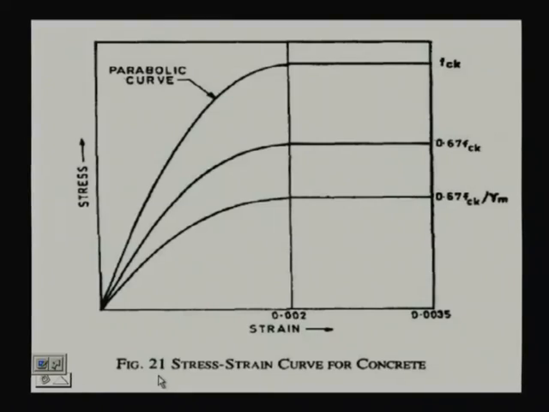Gamma m for concrete we shall consider 1.5, gamma m for steel 1.15, which is justified because steel is manufactured in the workshop in a controlled environment, so obviously we can take less, whereas concrete is made in the field itself, so we take a little higher, 1.5. That curve you will get in figure 21 of IS 456 for your reference.